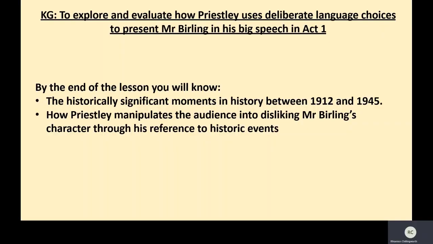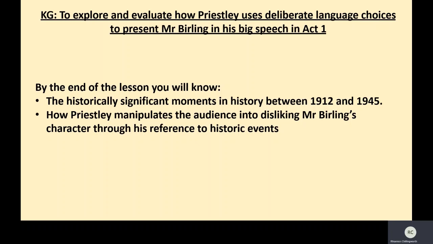So our knowledge goal today is to explore and evaluate how Priestley uses deliberate language choices to present Mr Birling in his big speech in Act 1. Mr Birling is going to give a big speech today, and that's what we're going to be focusing on. By the end of the lesson, you will know the historically significant moments in history between 1912 and 1945.